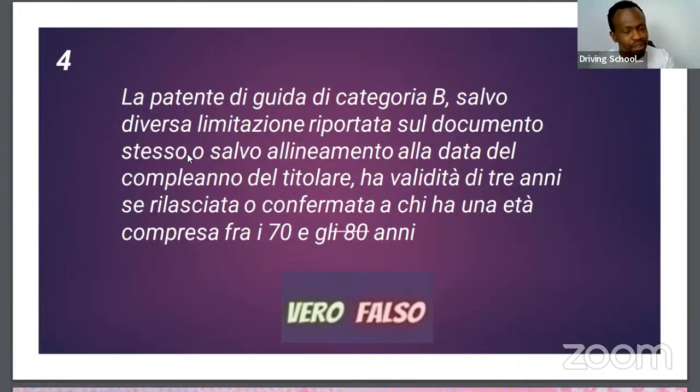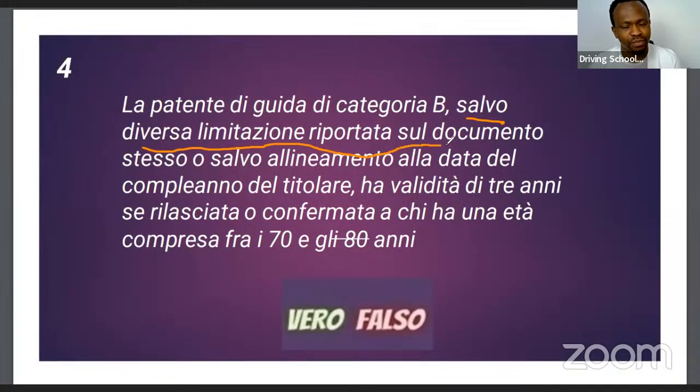Now, this same thing is applicable to so many carta de identità. If you look at your carta de identità, maybe it might not be everybody because of, like I said, this salvo diversa limitazioni riportate sul documento stesso.